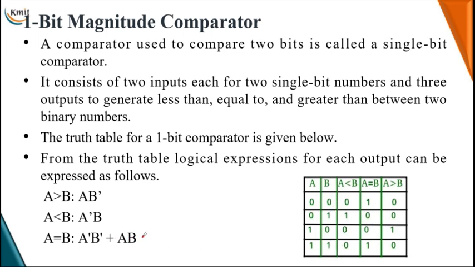This resembles an exclusive NOR operation, so I can write it as A exclusive NOR B. You can implement it with an exclusive NOR gate, or we can also use the complement of the exclusive OR of A and B, which is also equivalent to the exclusive NOR operation.